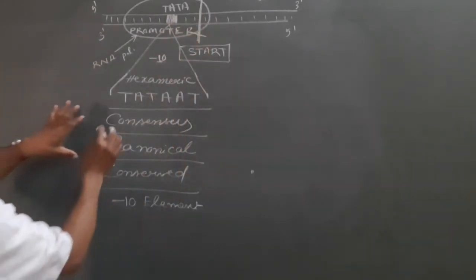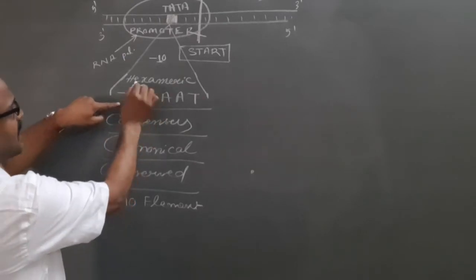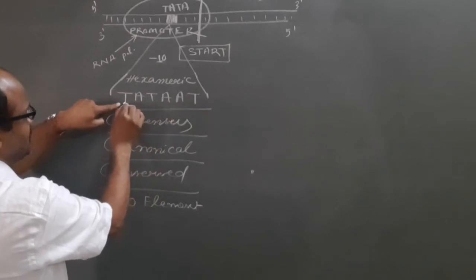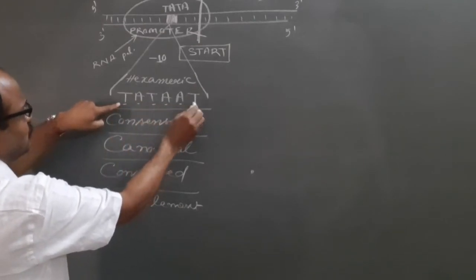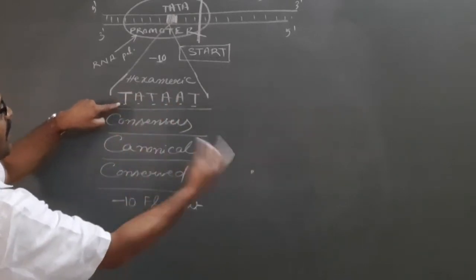If you observe here, this is a hexameric sequence, with 6 nucleotides: thymine, adenine, thymine, adenine, adenine, thymine. There is a repetition of thymine, adenine, thymine, adenine.